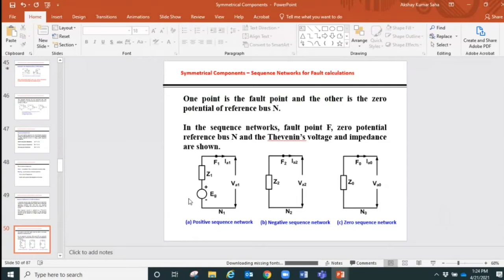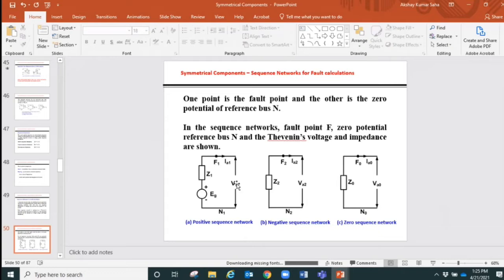It looks like a Thevenin's network, a single voltage source with a single impedance, which is Z1, and it has to be Z1 because it's the positive sequence network, and it has to be shown here as N1, which is the reference bus or the neutral bus, and it has to be N1 because it's positive sequence, and the voltage that we get at the terminal is Va1, and that Va1 is going to be equal to Eg minus Ia1 times Z1, meaning the voltage drop that will happen across the positive sequence impedance Z1 because of the positive sequence current Ia1 flowing in that circuit.